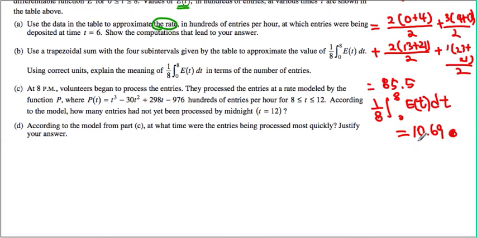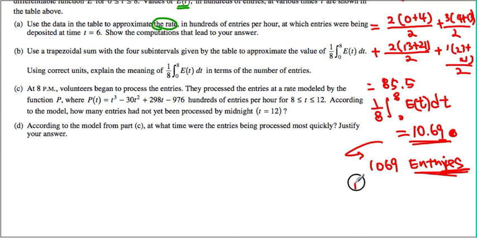Using the correct unit, since this is in hundreds, our correct response will be 1069 entries. That basically expresses the average number of entries in the box over those 0 through 8 hours. Let's look at part C here.